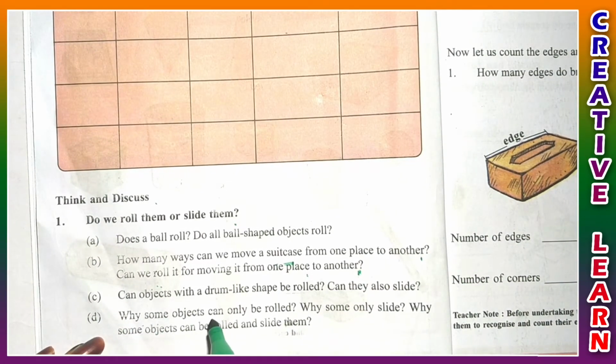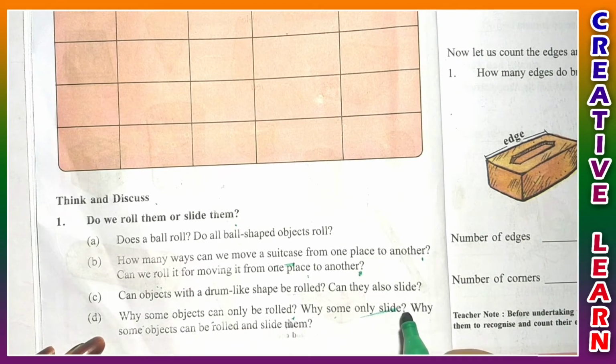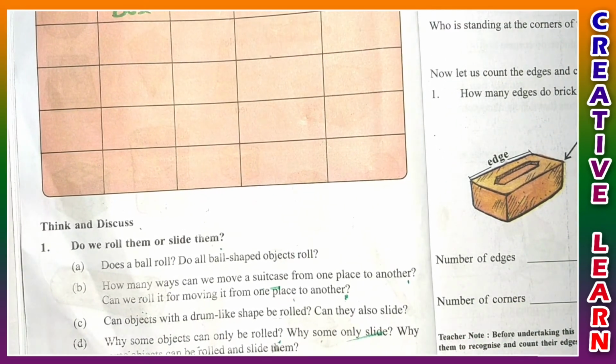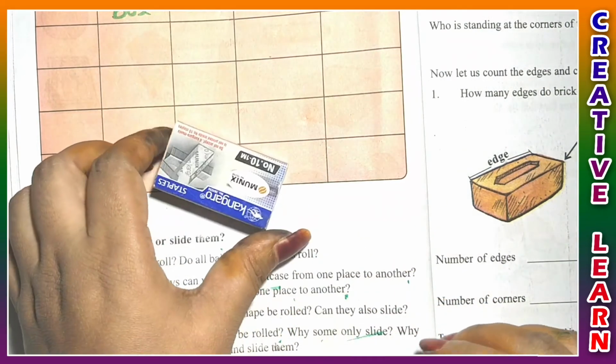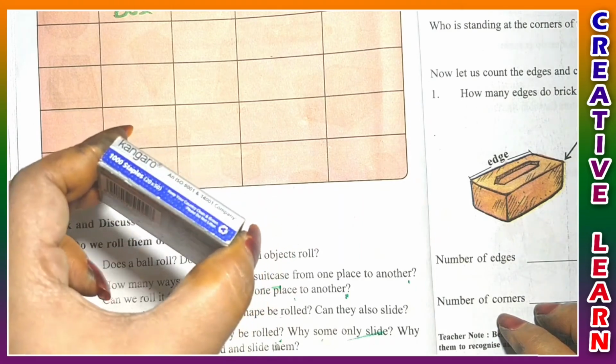Next, why some objects can only be rolled? Why some only slide? Why some objects can be rolled and slide them? Okay. When we take a staple pin box, it is also in the shape of brick.